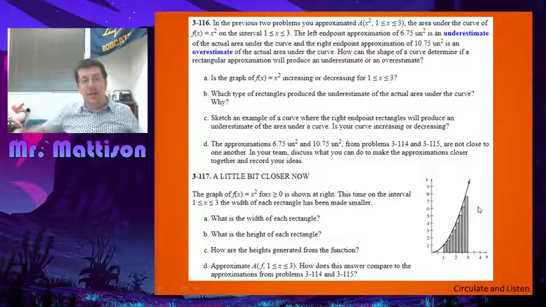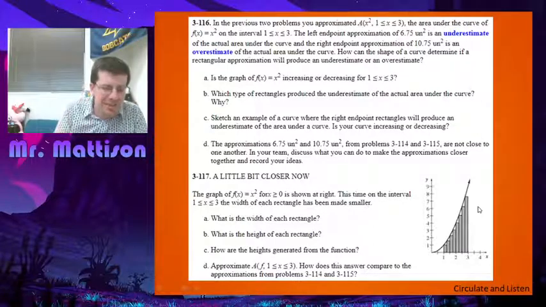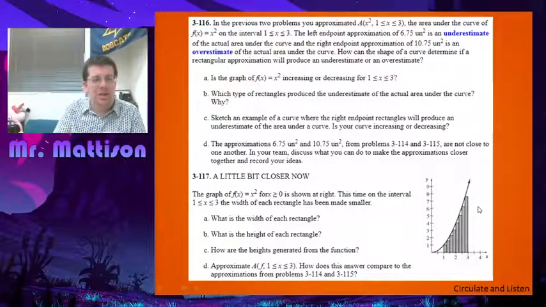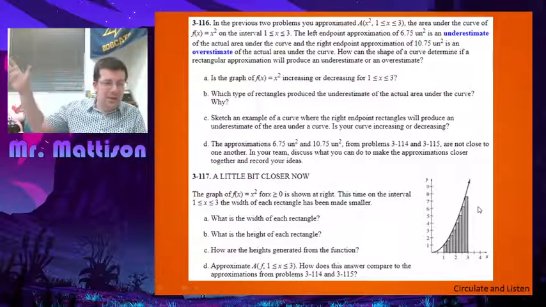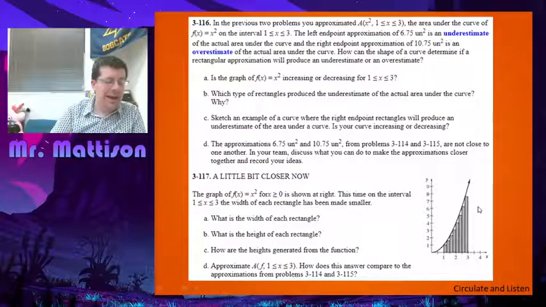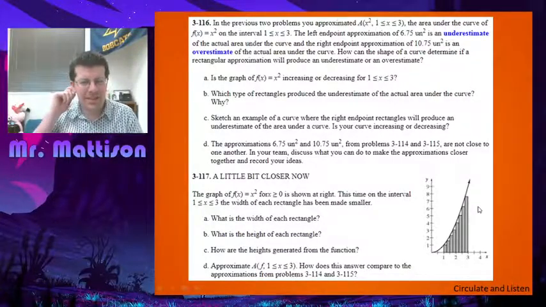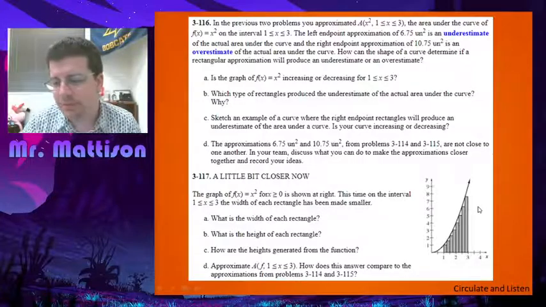Even better, but then I'm going to have to do 100 of those by hand. That's why a summation is so nice, because your calculator can do those crazy easy, and then you're done. I can make it 10,000. Type it into my calculator, and it'll add up all 10,000 of those rectangles, and it'll be really close, and I don't have to do that by hand. So that's effectively where we're going here.